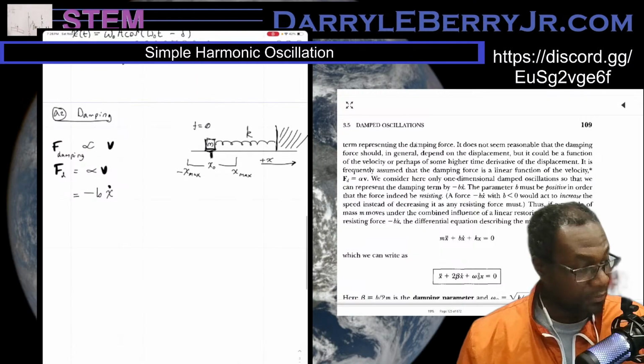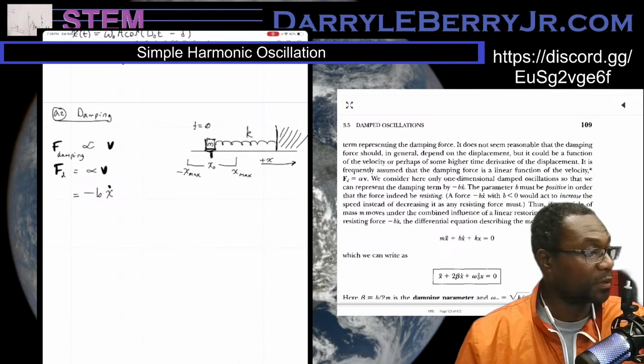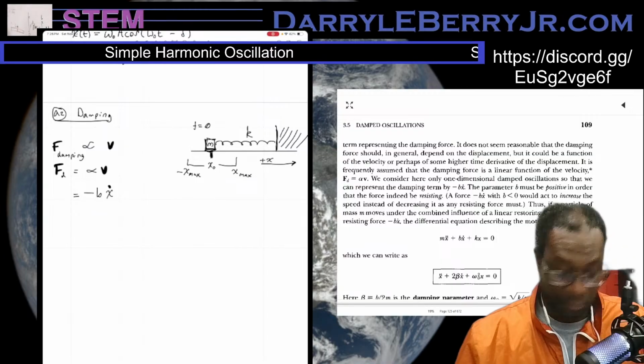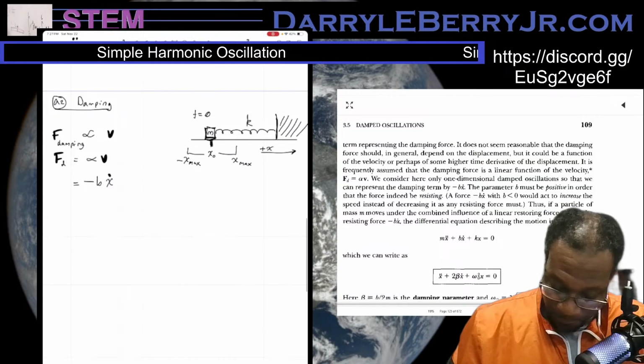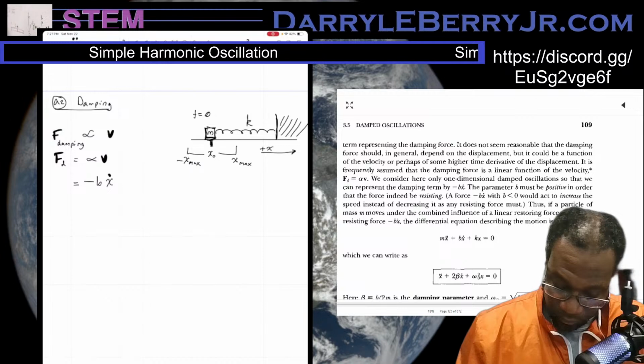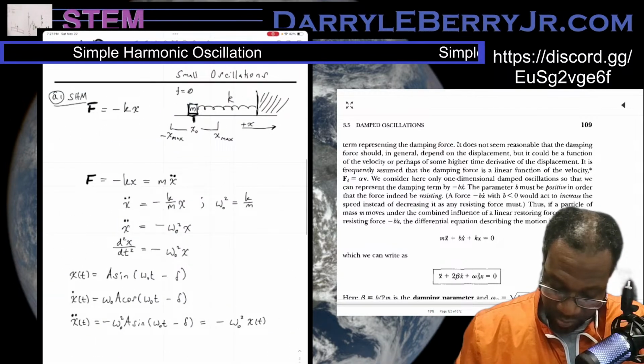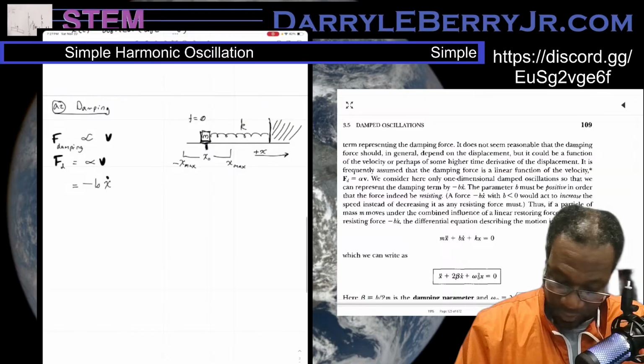So to add damping, going back to our original equation, we're now adding damping.